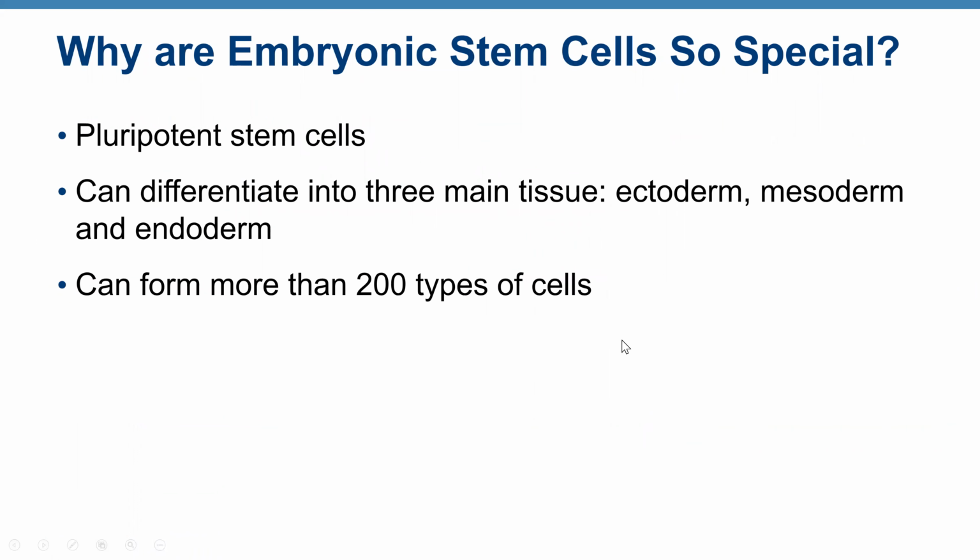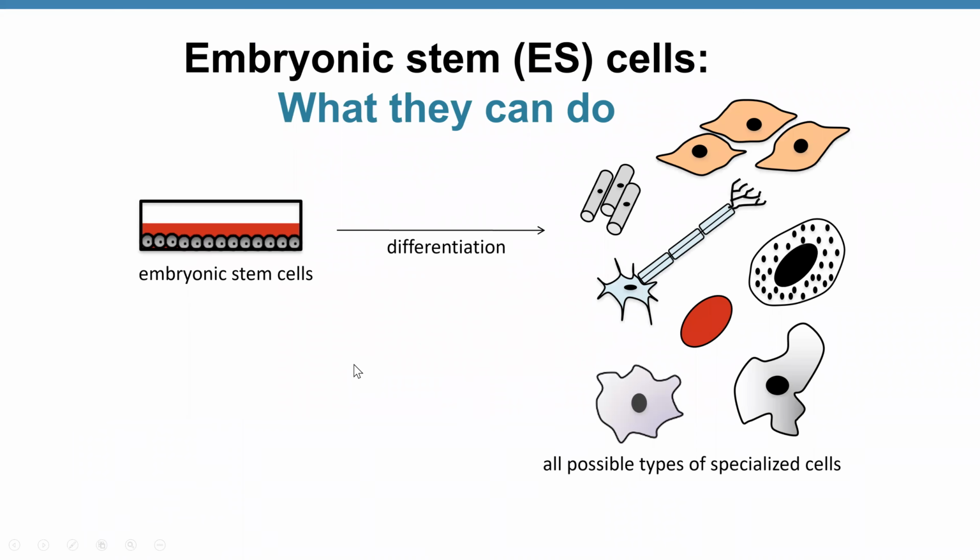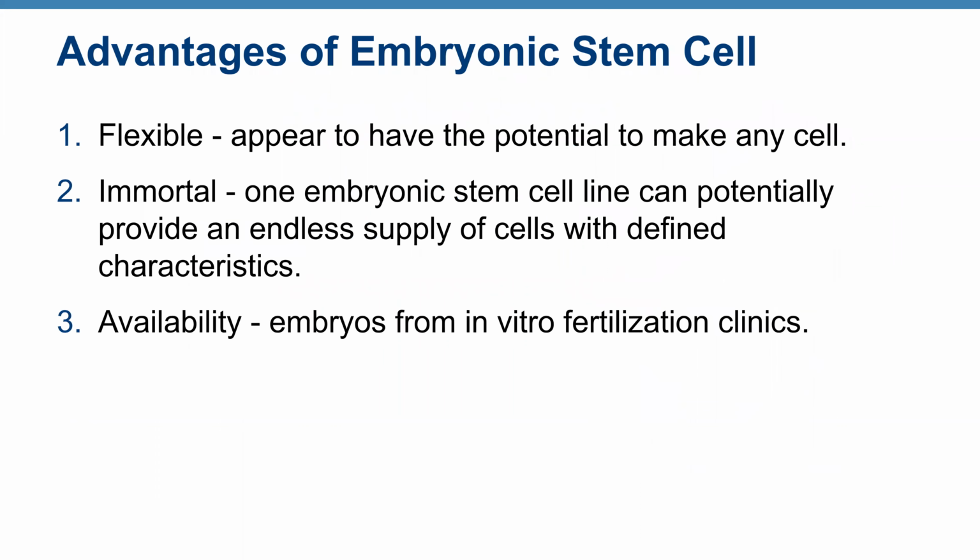Why are embryonic stem cells so special? Because they are pluripotent stem cells. They can differentiate into the 3 main tissues, ectoderm, mesoderm, and endoderm, and they can form more than 200 types of cells. Okay, so embryonic stem cells differentiate into all possible types of specialized cells, and they are pluripotent.